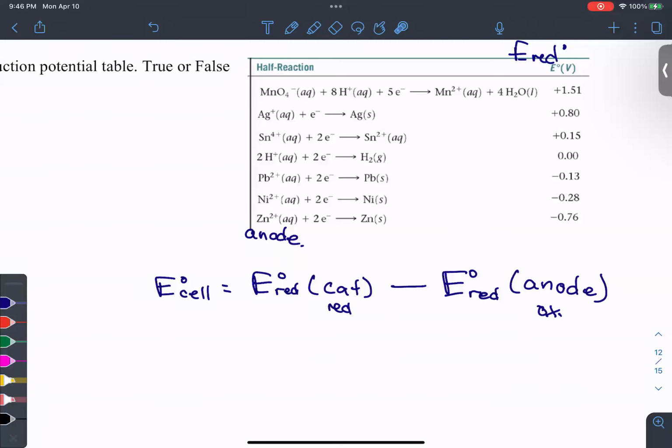But if you use this form where it's cathode minus anode, both of those values have to be in the reduction form, meaning written as is. You can't flip the sign and do minus at the same time. I think I answered that email like 6 times this weekend. I'm like, you can't do both. You gotta pick one. This negative sign does the flipping for you.